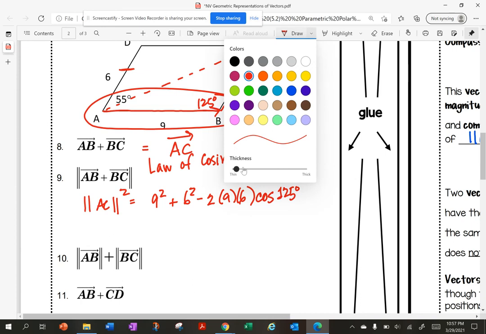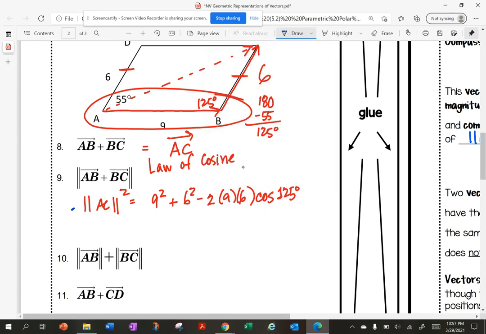One of the most common mistakes I see is forgetting to take the square root, because this is the side squared. So the magnitude of vector AC is approximately 13.777 units.